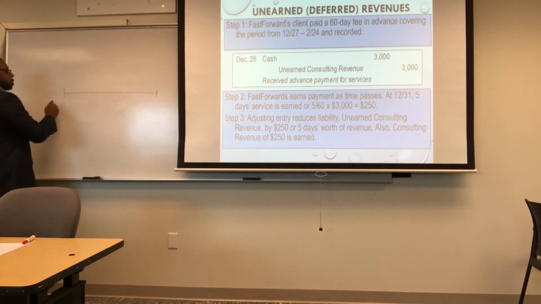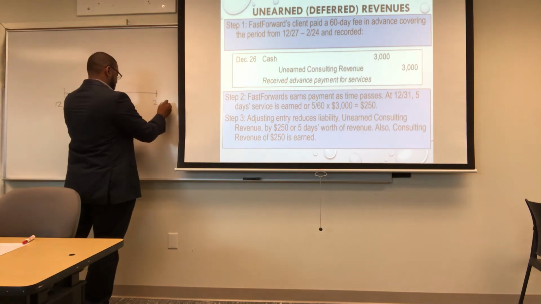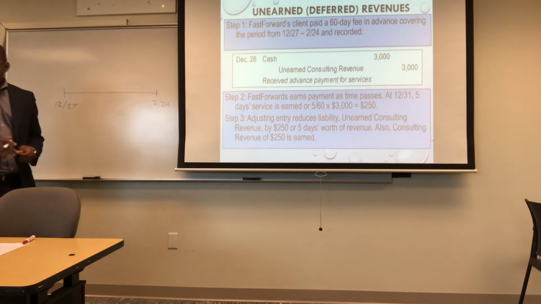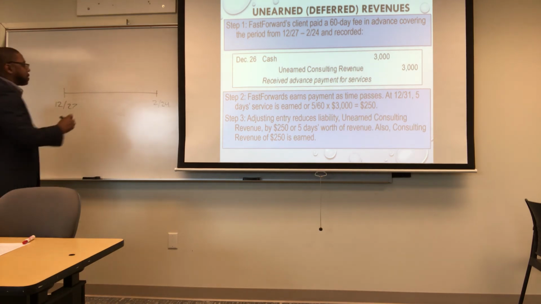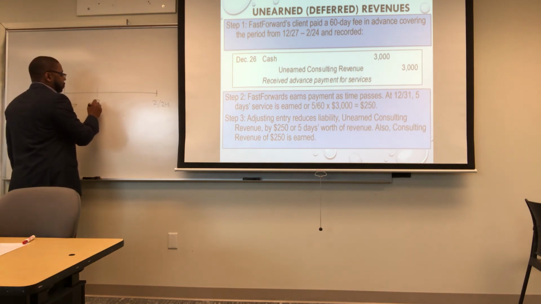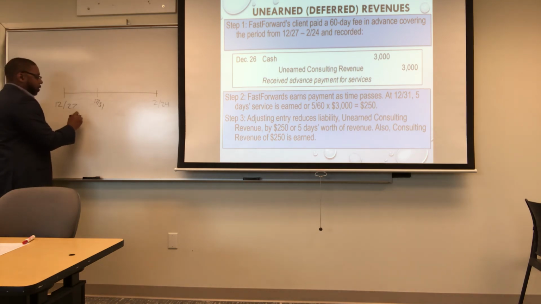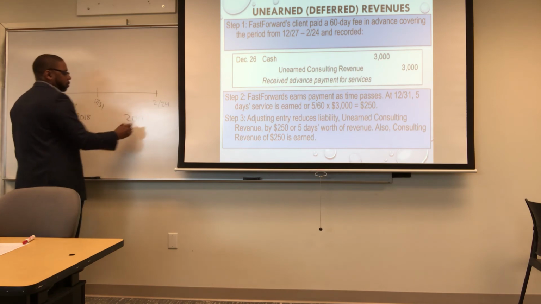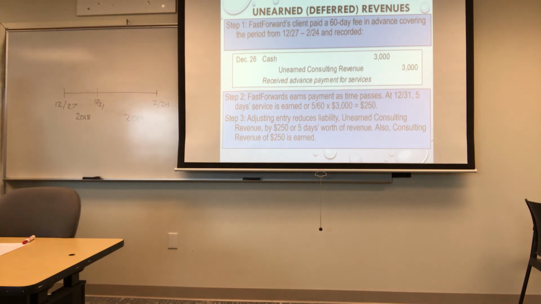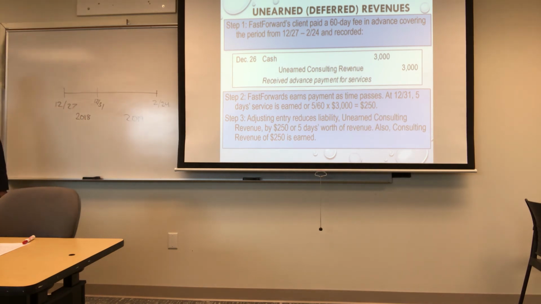And this service starts from December 27th and it goes to February 24th. And what they're trying to get at here is that the end of the year ends 12/31. So they're trying to calculate how much revenue did you earn in, let's say, 2018. Let's say this is 2018. Everyone with me? So these 5 days of revenue need to be put on the books for 2018.